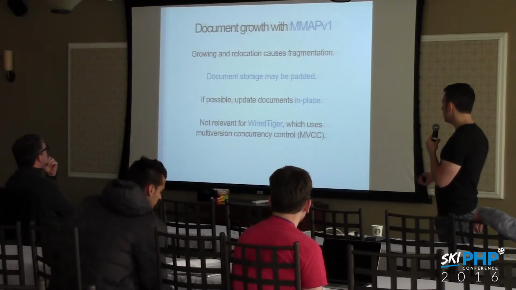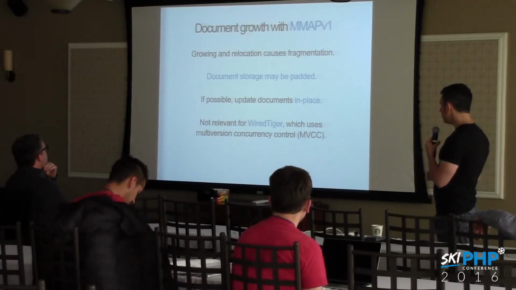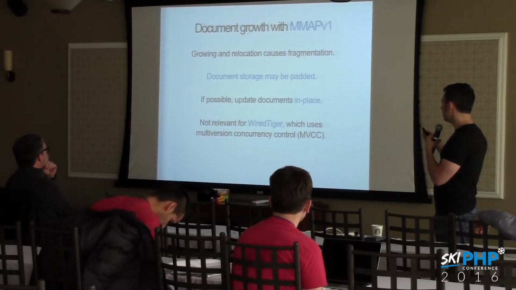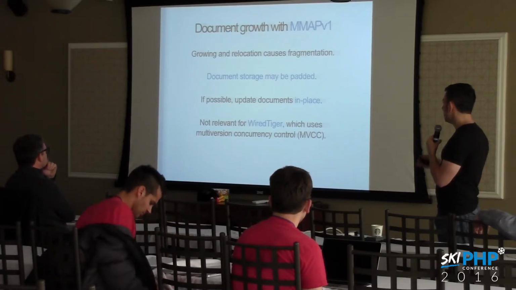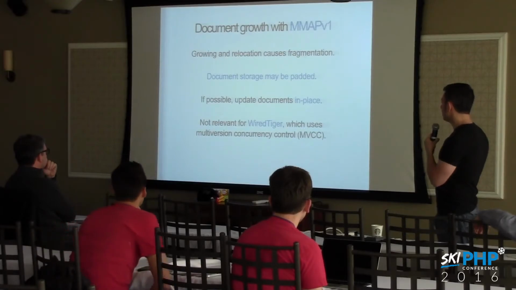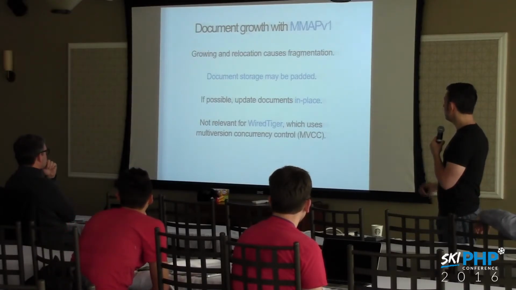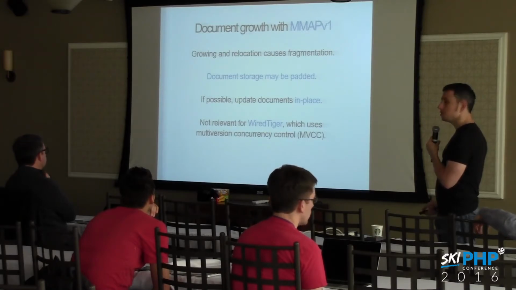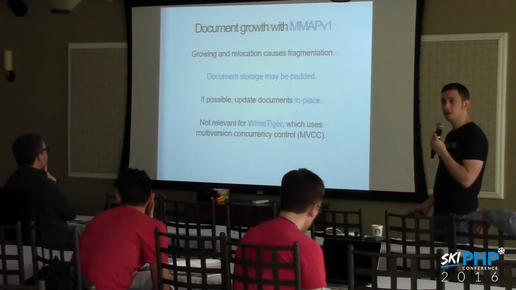That's part of its MVCC structure for keeping track of the documents, and the previous version is still kept around, which comes into play later, as we'll see, for querying as well. So generally, unless you're using an older version of MongoDB, this is not relevant. If you're using 3.2, then you're using this storage engine by default, and this is not something you really have to worry about.